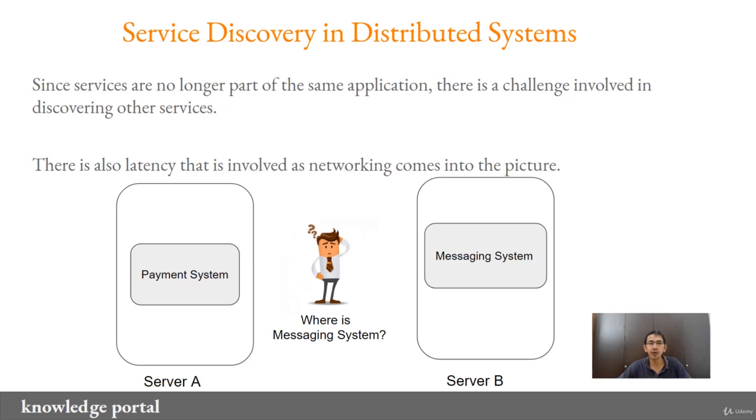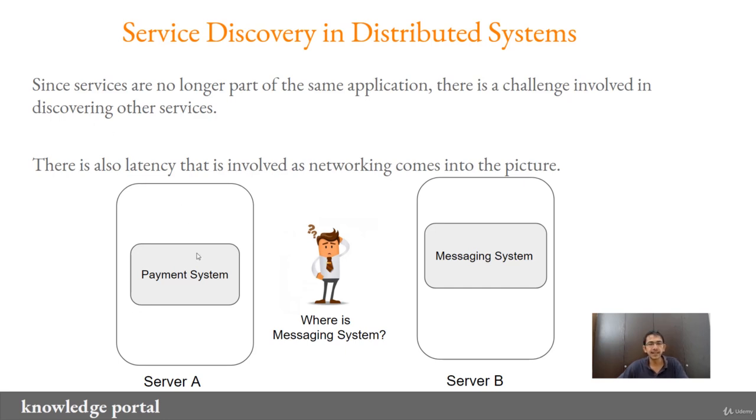And this is the reason why organizations typically implement the architecture of distributed systems where there are microservices involved. Now, since services are no longer part of the same application, there is a challenge involved in discovering services.